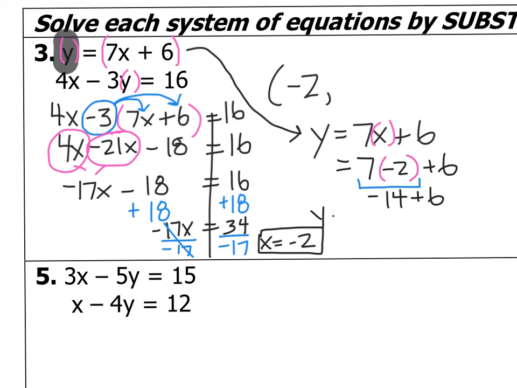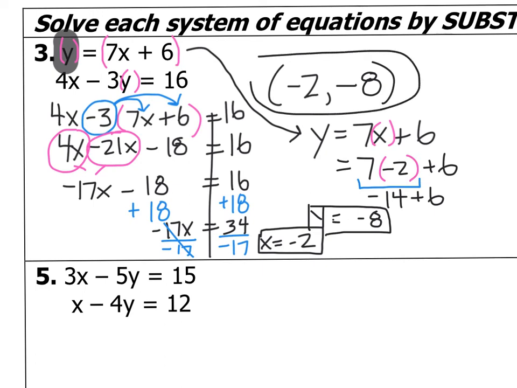Negative 14 plus positive 6 is negative 8, which means my y value is equal to negative 8. Bring that up to my final answer. And there we go. Negative 2, negative 8.